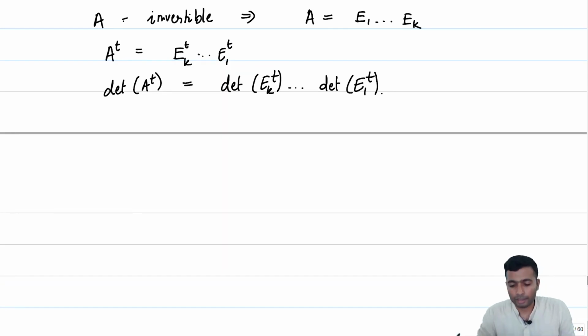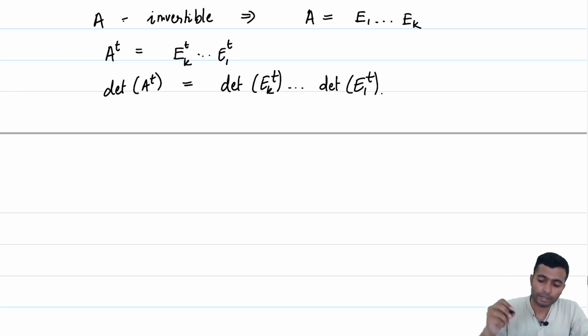E1, E2 up to Ek are elementary matrices, and for elementary matrices it can be checked explicitly that the transpose does not alter the determinant.